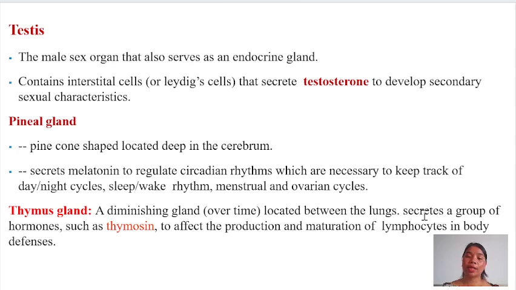These lymphocytes are the cells which fight against any foreign substances that are likely to cause an infection in our body. So thymosin helps in the production and also in the maturation of these lymphocytes, which act as a body defense mechanism.